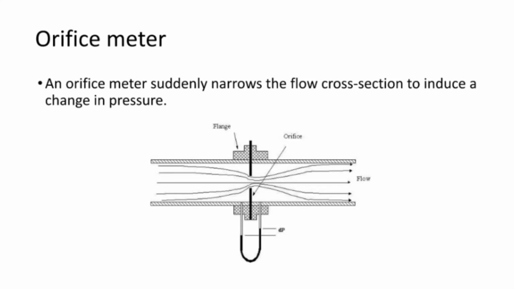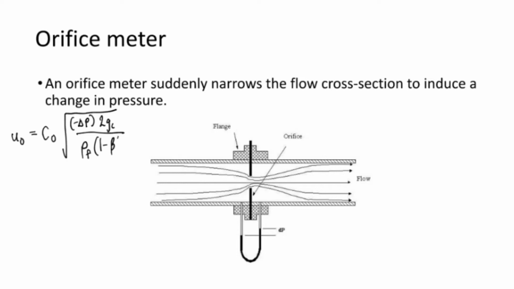So we write the velocity in this case as U sub O, indicating the velocity at the orifice, and this is equal to C sub O, or the orifice meter constant, multiplied by the square root of the pressure drop, negative delta P, times 2gc, divided by the density of the fluid times 1 minus beta to the fourth.